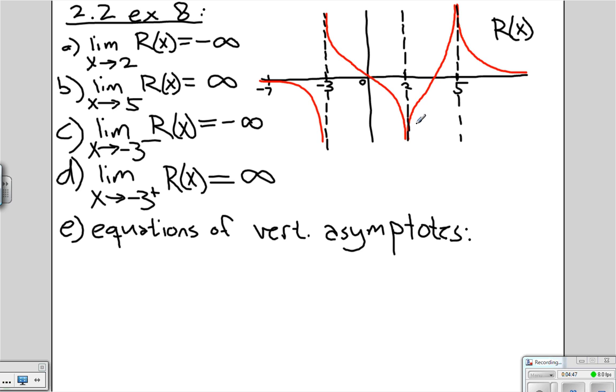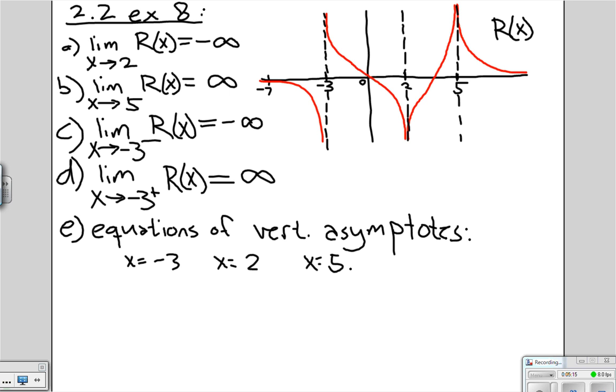I tried to draw a little gap between the red lines to illustrate that this section of the curve never connects with this section of the curve because it can't pass this dotted line. The equations of these are just the equations of the vertical lines: x equals -3, x equals 2, and x equals 5.